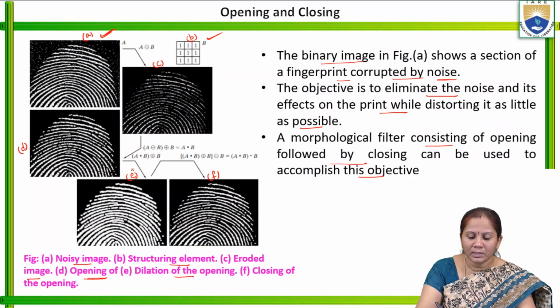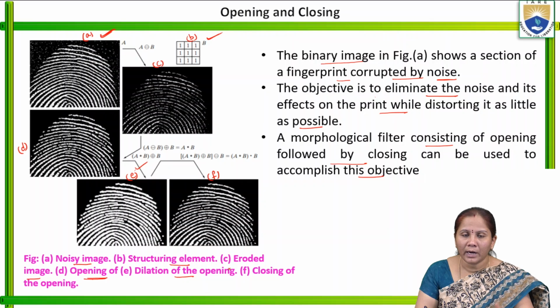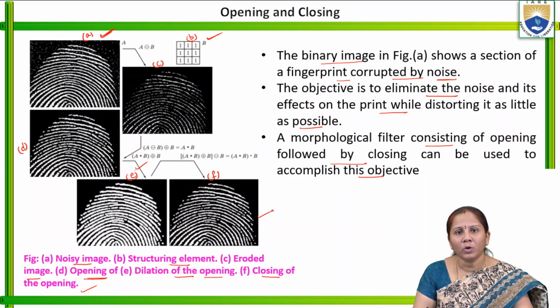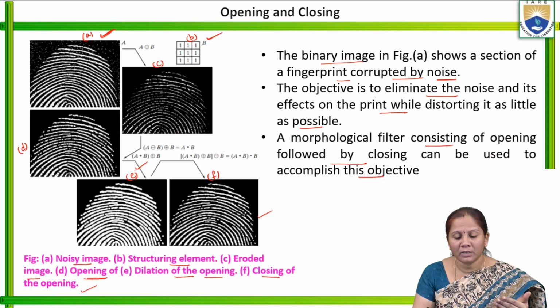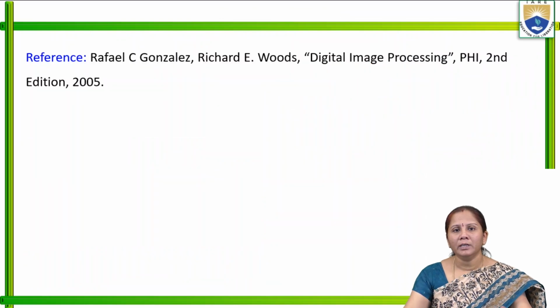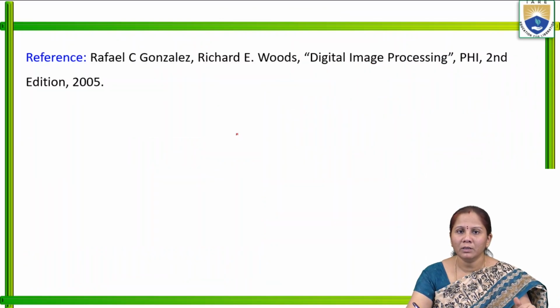E indicates the dilation of the opening, and the last one is the closing of the opening. If we apply all these concepts, we can see how the noisy fingerprint looks after the filtering operation. Opening, closing, dilation and erosion are all applied, and we have seen how the output fingerprint looks. This covers some of the morphological operations.